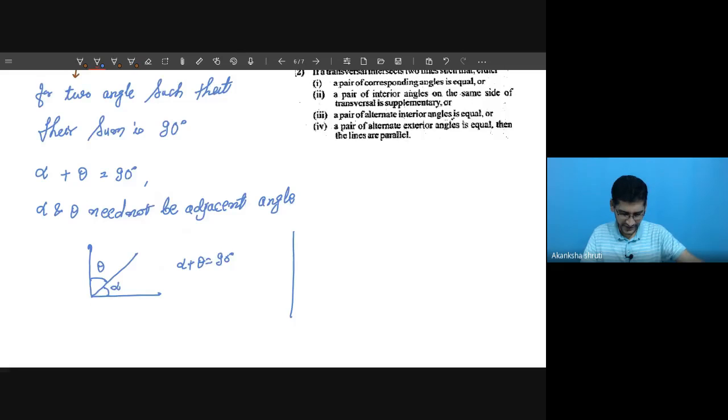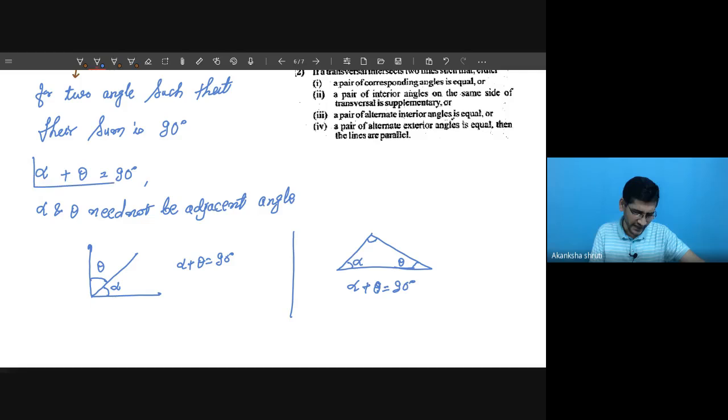Another possibility is that we consider two angles such that this is alpha and this is theta. This angle is already 90 degree, it is given. In this case, if alpha plus theta is equal to 90 degree, here also alpha and theta are complementary angles. So alpha and theta are complementary angles means any two angles whose sum is 90 degree.